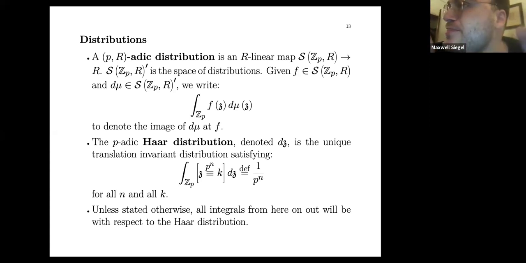That is to say, we can't capture all of the information by studying these maps with respect to a single prime p. We have to study both of them at once.